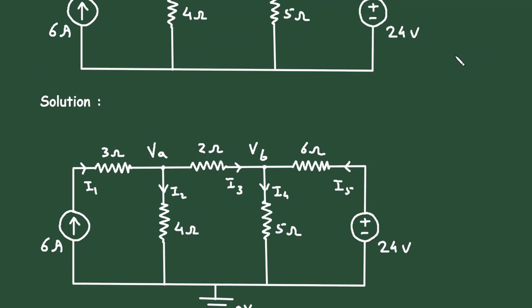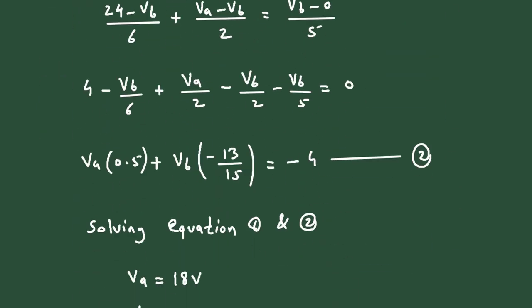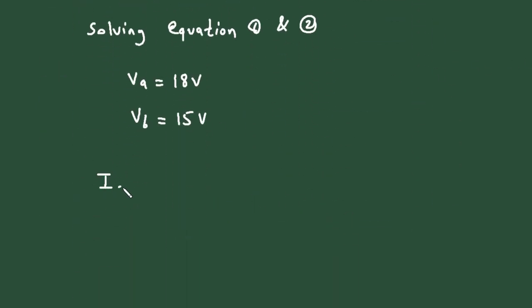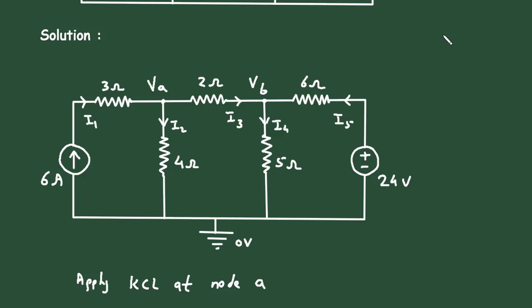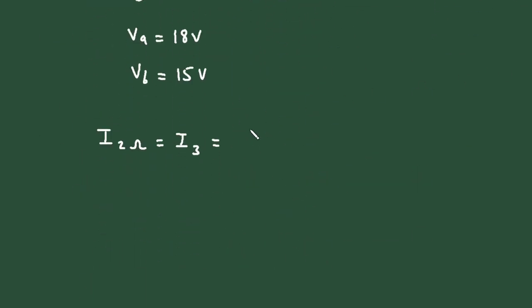Now we got these nodal voltages, but we have to find the value of the current through 2 ohm resistance. So the current through 2 ohm resistance is I3. So I2 ohm is equal to I3, and this I3 is equal to VA minus VB divided by 2. The value of VA is 18, the value of VB is 15, divided by 2.